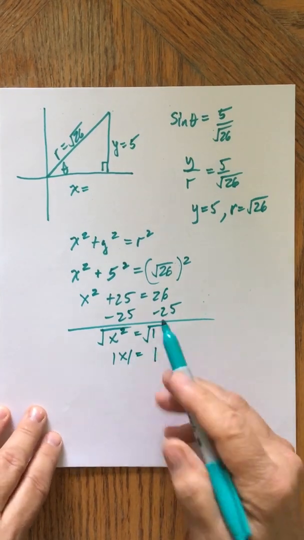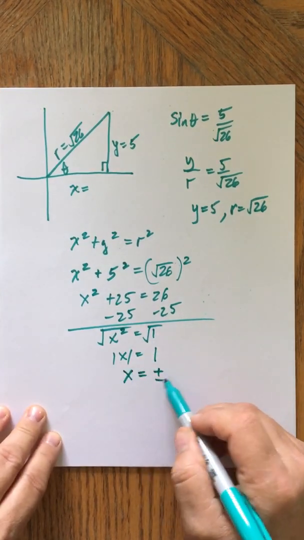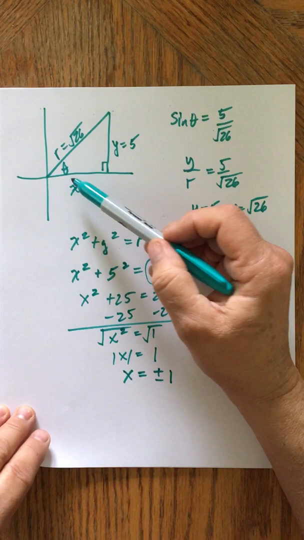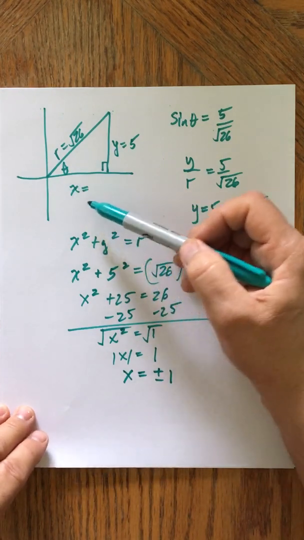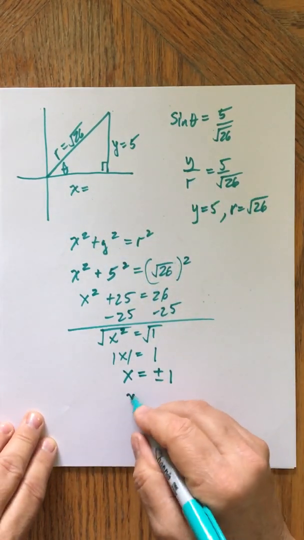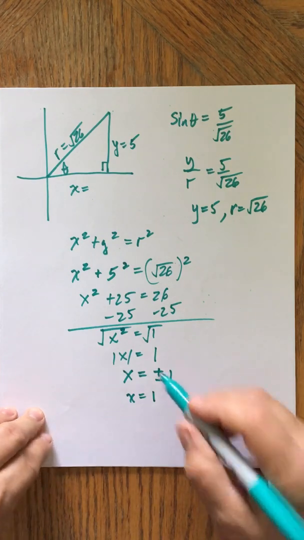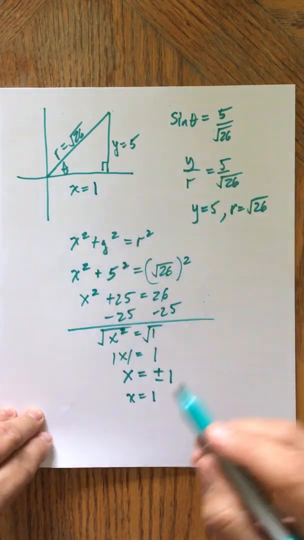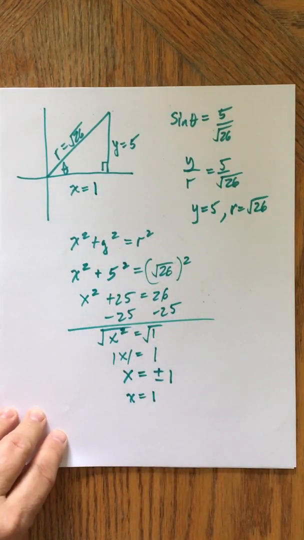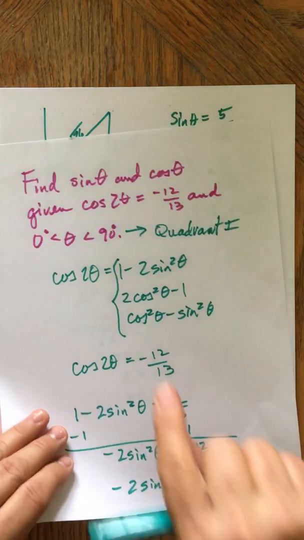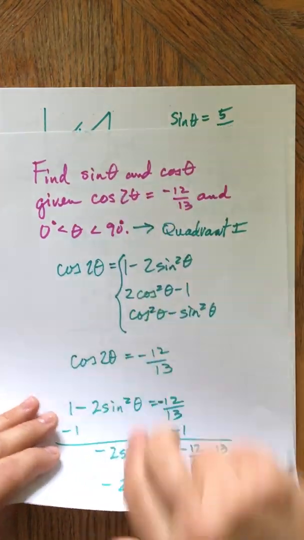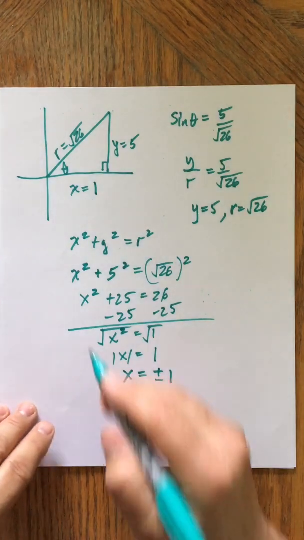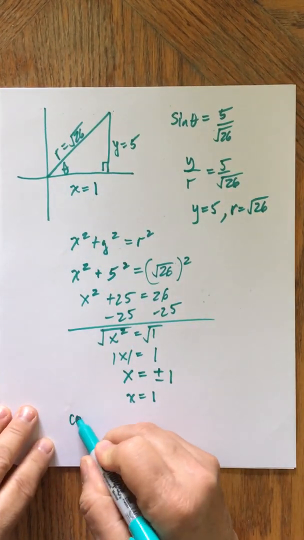And again, I have to answer, is x plus or minus 1? But we know the angle's in quadrant 1, which means the x-coordinate's positive, so I know that x is 1. So I have the x-coordinate is now 1, but I have to go back to the definition of cosine, because remember, they're asking me to find sine of theta and cosine of theta, not just the x-coordinate. So what is cosine of theta?